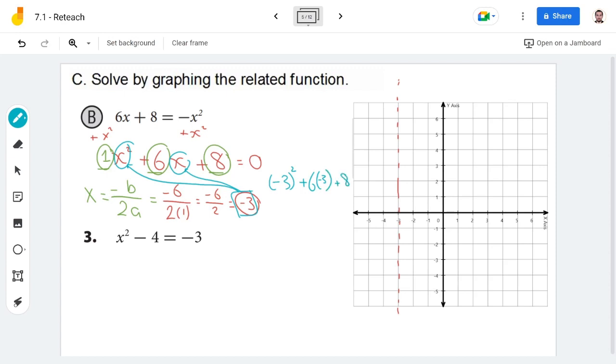Let's do this mentally. Negative 3 to the power of 2 is 9, plus 6 times negative 3 is negative 18, plus 8. So 9 plus 8 is equal to 17, minus 18 is equal to negative 1. So the answer is negative 1.